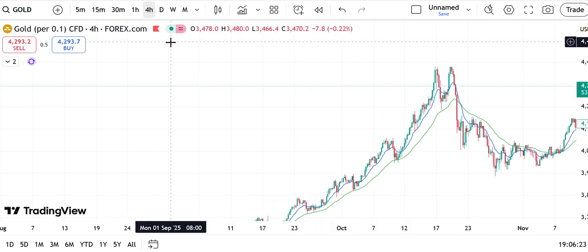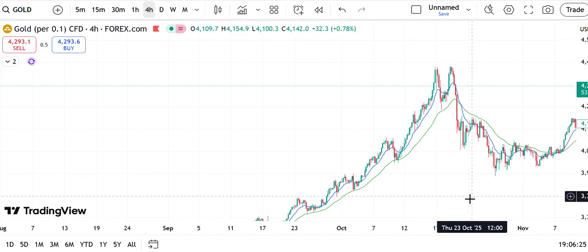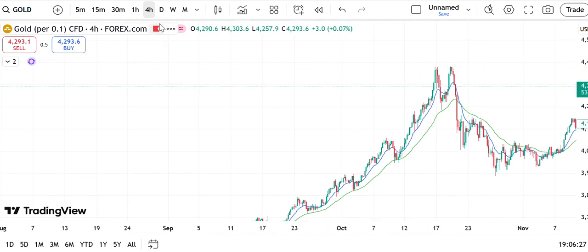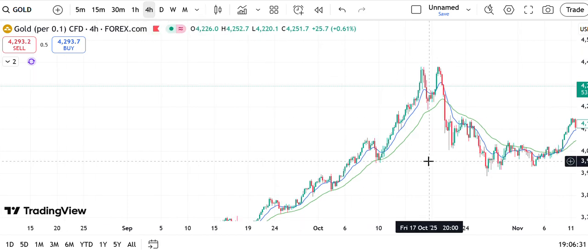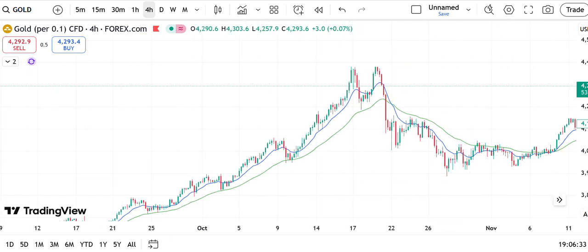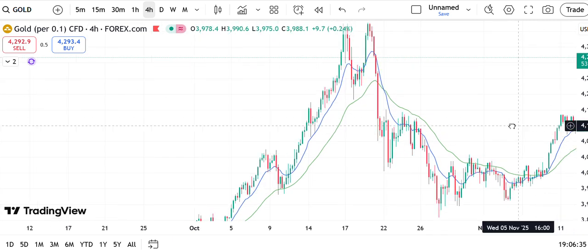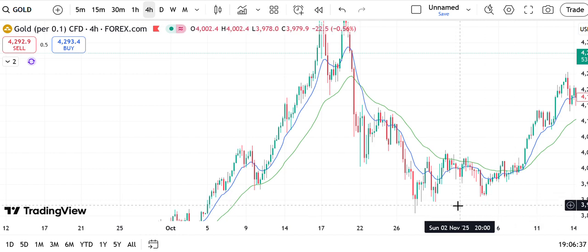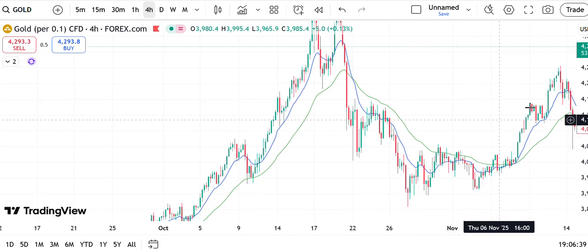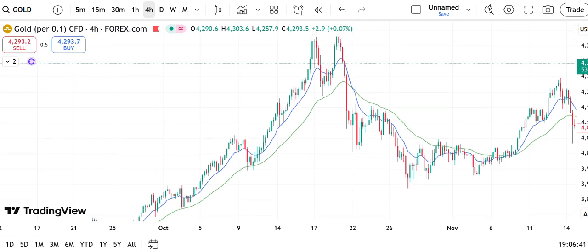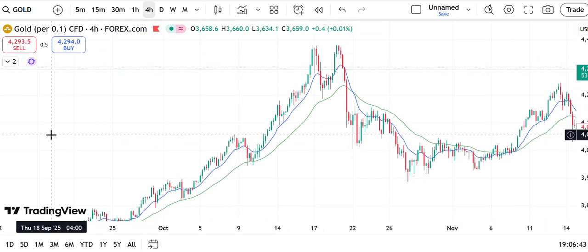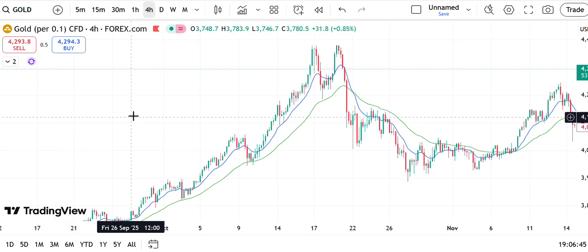Firstly, I always like to start my analysis on a 4-hour chart. When I open my chart, the first thing I do is spot out support and resistance.